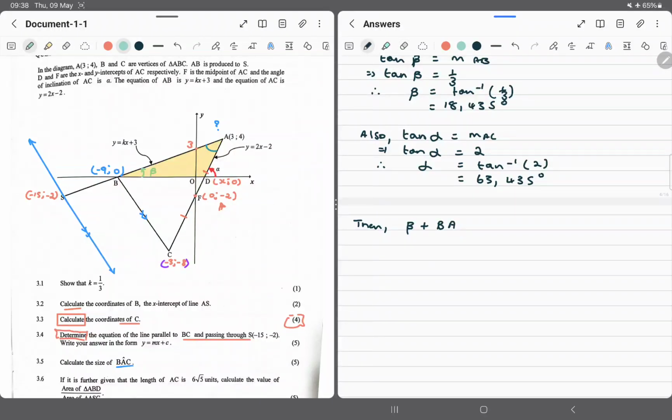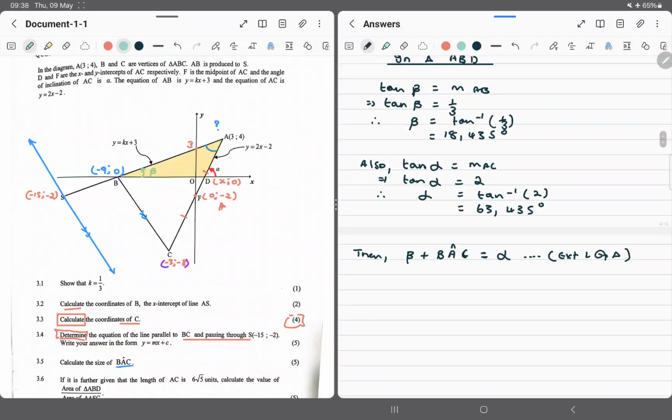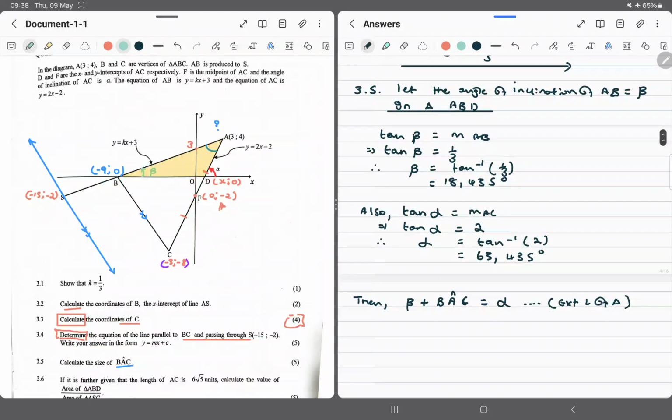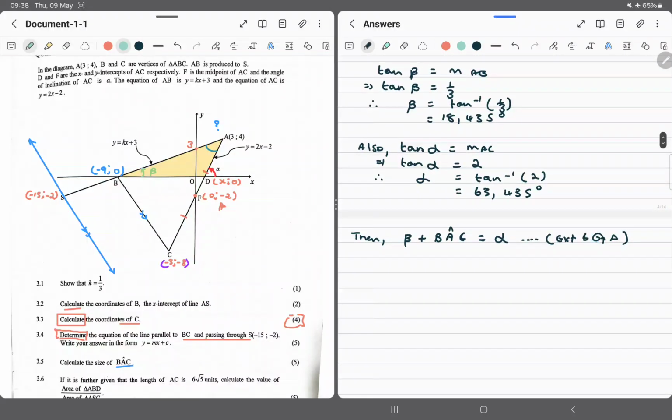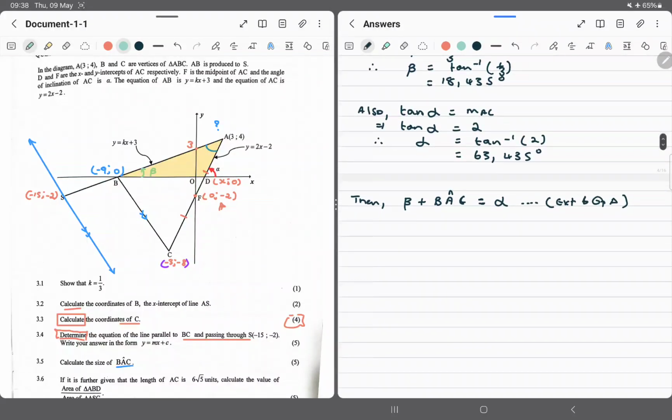Sometimes to protect ourselves from unnecessary malice, those guys can be malicious and very brutal. This brutality is out of this world, is equal to alpha. The reason: this is the exterior angle of a triangle. But now we already stated our triangle, we don't need to say it again. We just say what we say and then we move on.